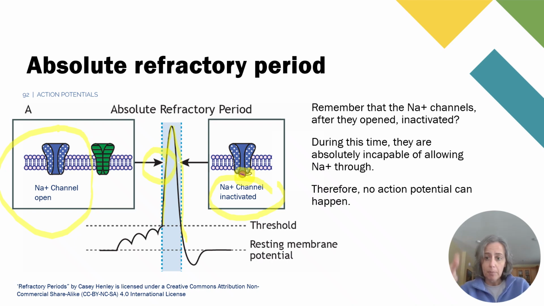That's why our membrane potential is coming back down and becoming more negative. So during this time that we see here in blue, that is our absolute refractory period. Absolutely no way we can send another action potential because either we're already in the middle of starting one or our sodium channels are inactivated. So no go.